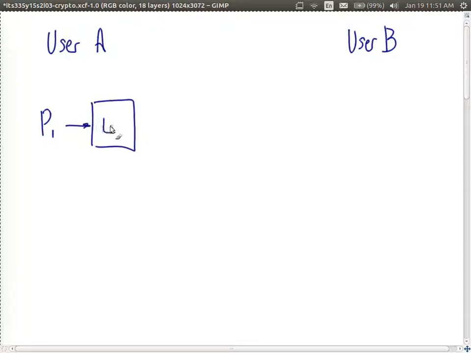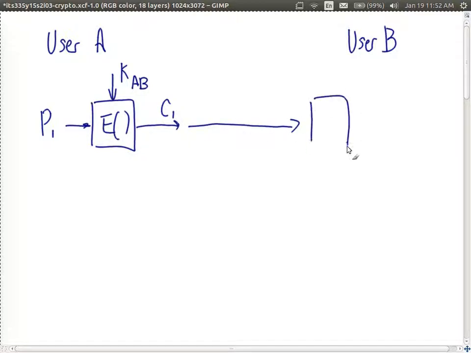We encrypt. We use an encryption function, and that function takes the plain text, P1, and a key, and we'll often write that as KAB, meaning it's a key known by A, known by B as well, shared between A and B. As the output, we get some ciphertext, and that ciphertext is sent to B. So this is our normal model for encryption.